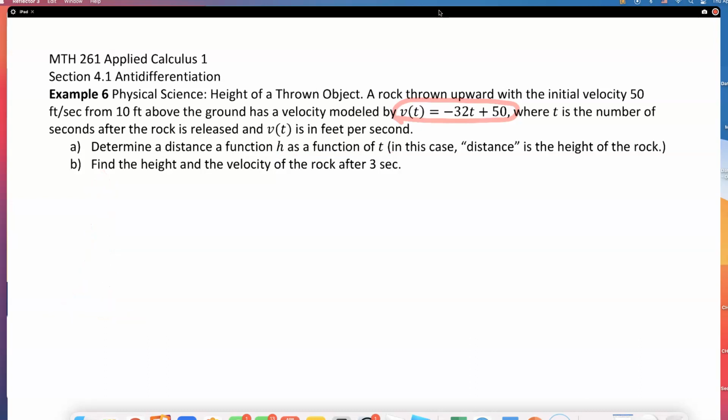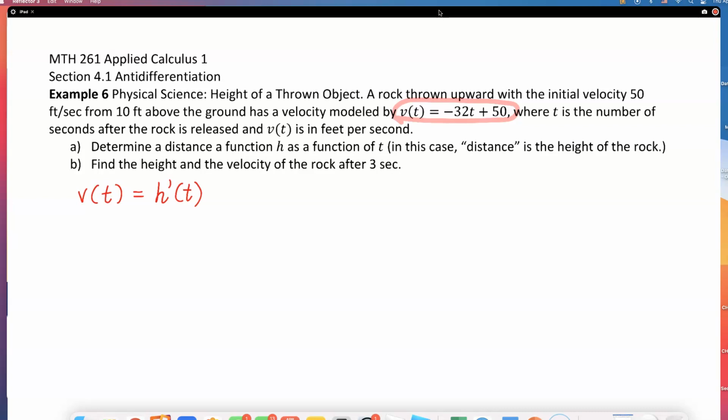But let me tell you what we remember from our previous lessons: if you wanted to find v of t, we have to take the derivative of the distance function or the height function, right? So what they gave us, that v of t, is actually the derivative function.